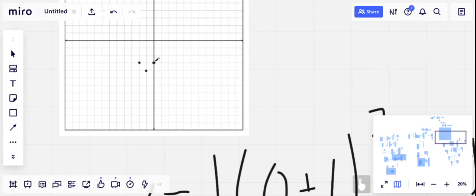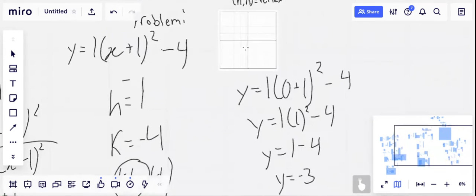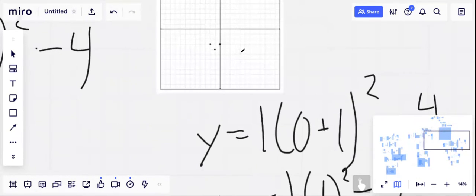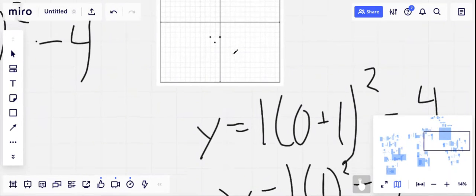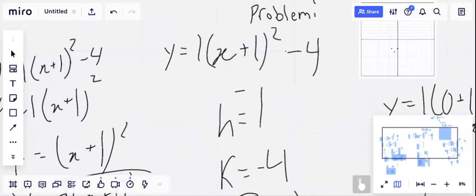Do you see how they're symmetrical? If I divide it on this line, it's basically the same point. So now we have enough information to graph our parabola, but if you want to find the roots, we can also do that.